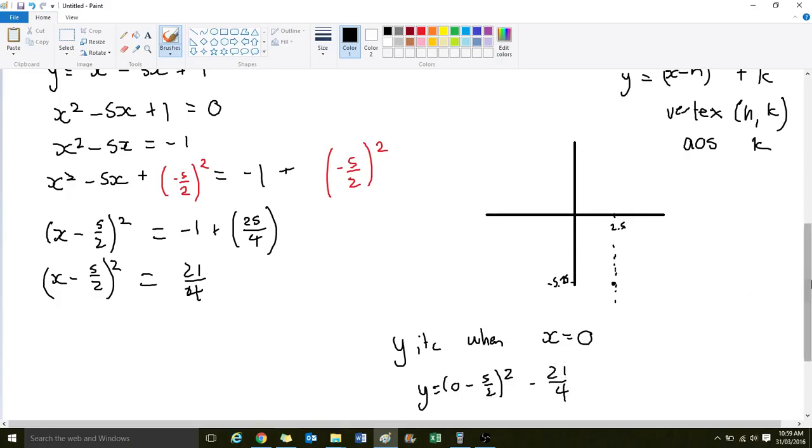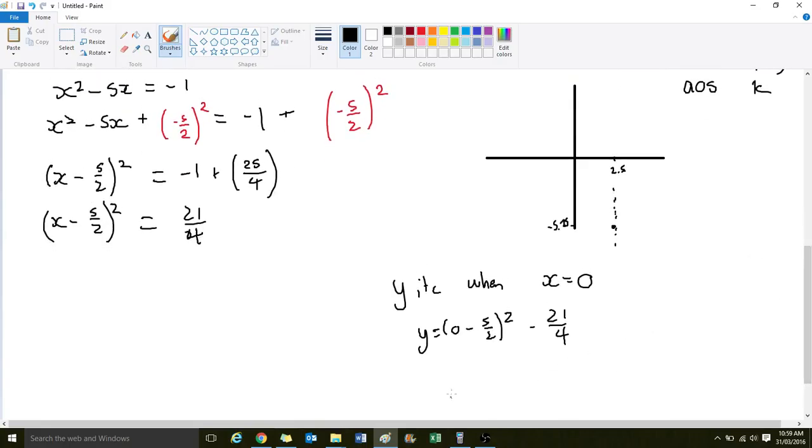Okay, so 0 take 5 on 2 squared is 25 on 4, take 21 on 4. And so that's going to be 25 take 21 is 4. So this is equal to 4 on 4, which is just 1. Okay, so the y-intercept then is positive 1.